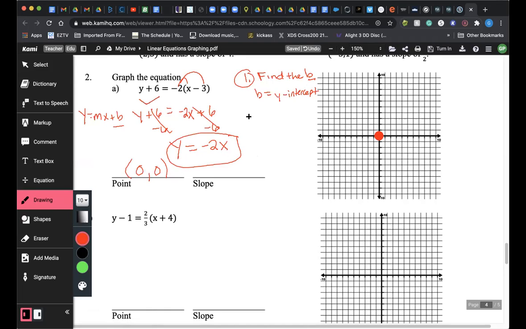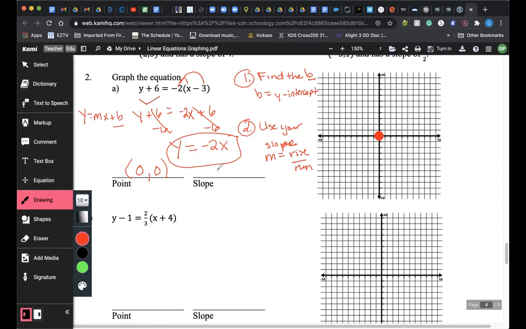All right, what's my next step going to be to find my next point? How do I find my next point? You have to use the slope of rise over run. Okay, good. So what's my slope? -2.